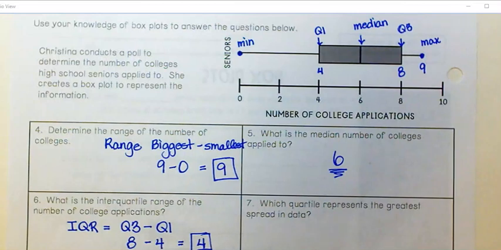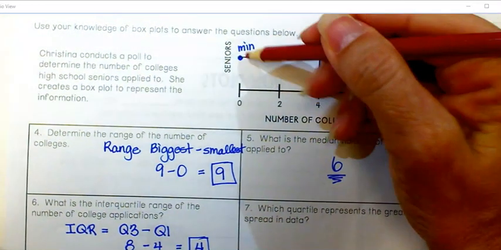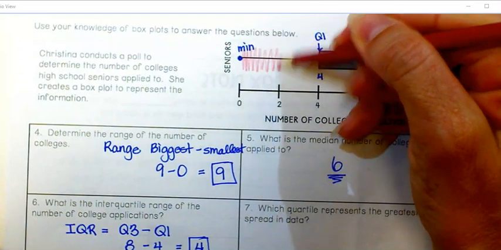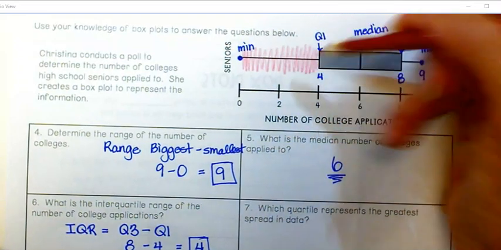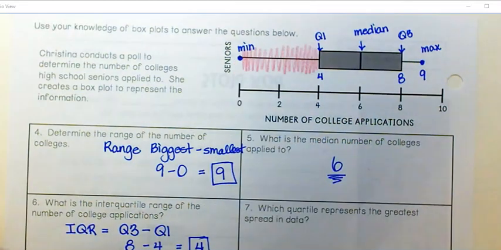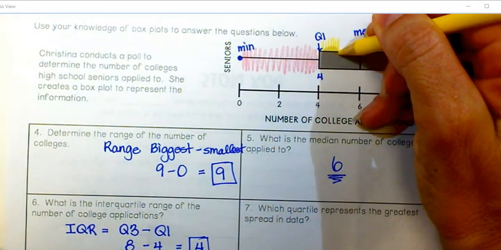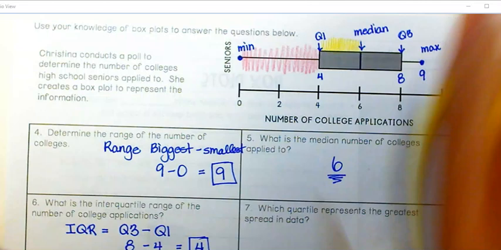Which quartile represents the greatest spread in the data? Remember, the box plot basically splits your data into 4 quartiles. Your first quartile is all of this down to your minimum. Your second quartile is from quartile 1 up to the median.